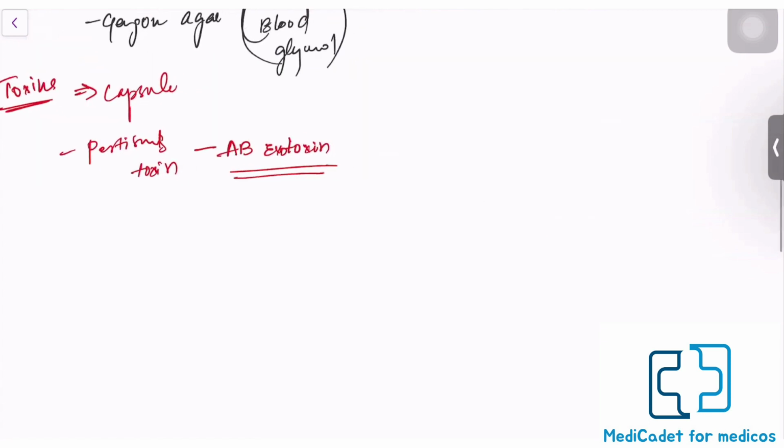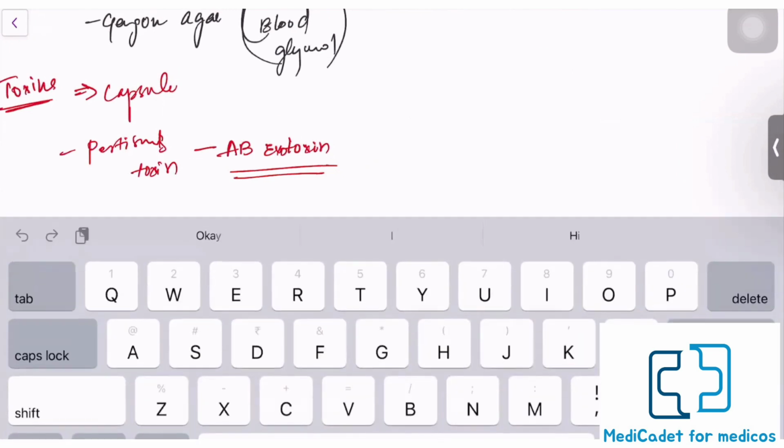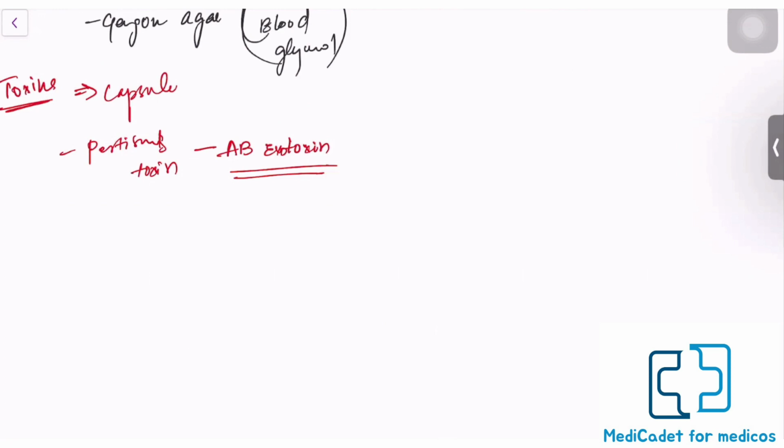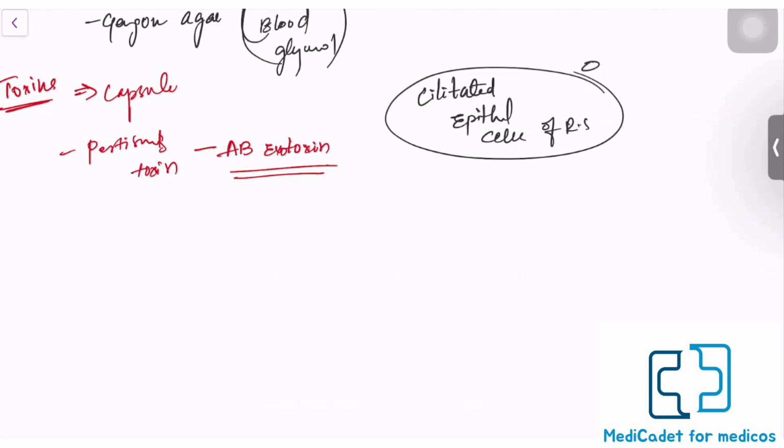Then you'll understand. So once Bordetella infects the ciliated epithelial cells of the respiratory mucosa, these are the cells. Now the bug Bordetella came over here. Once it comes over there, it produces a few toxins like tracheal cytotoxin.